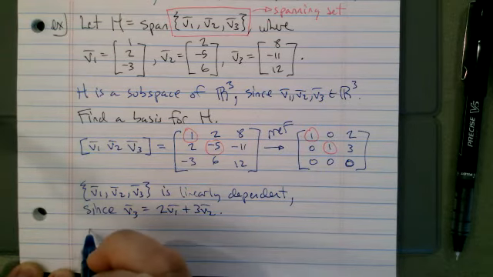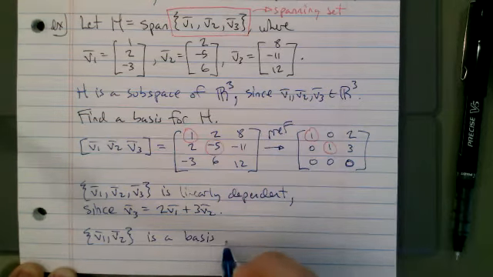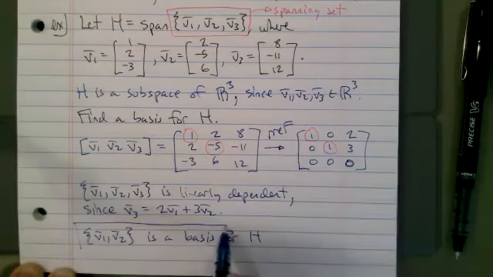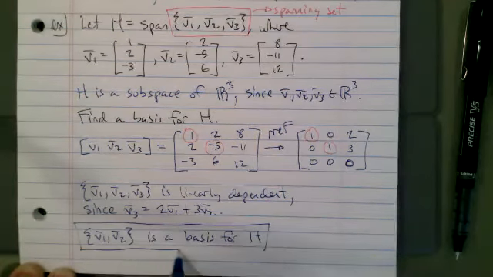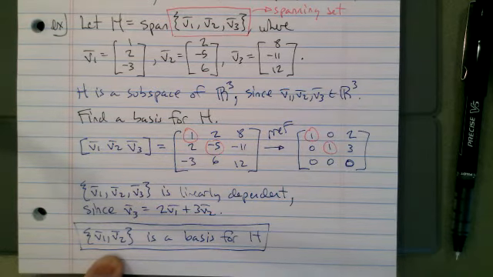So we can see that v1, v2 is a basis for H. It still spans the same things as the set v1, v2, v3, but this is now a linearly independent spanning set.